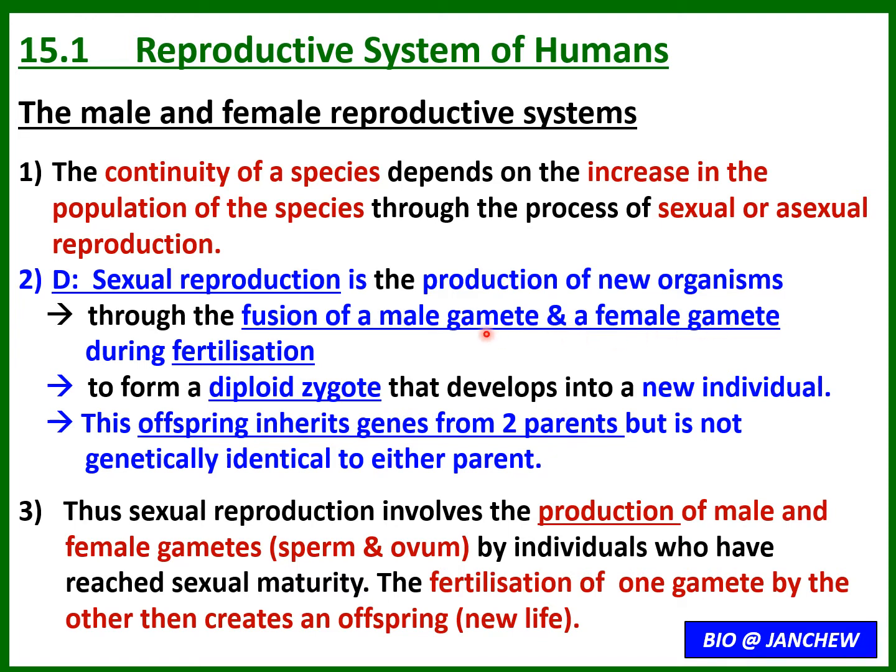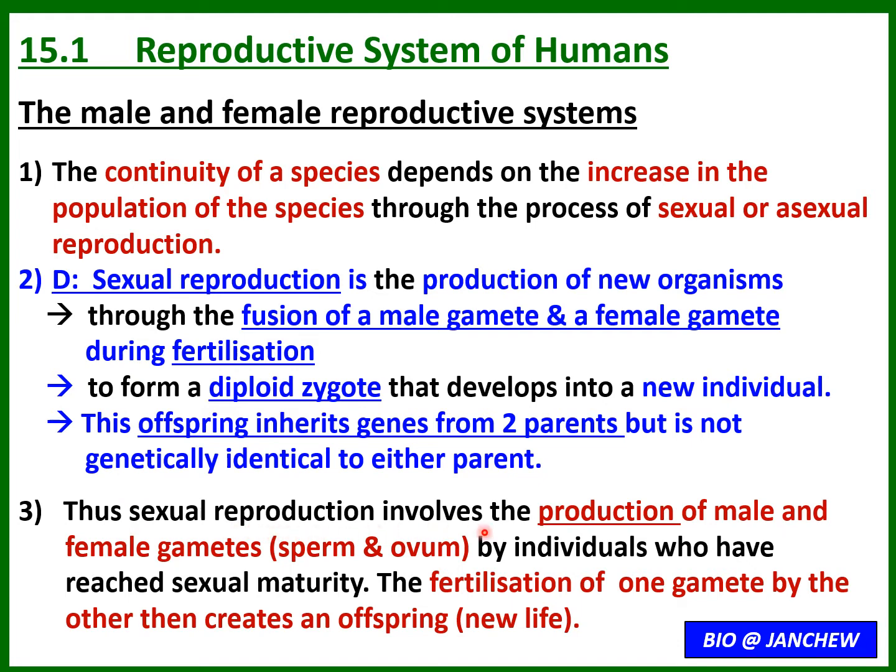The nucleus of the male gamete will fuse with the nucleus of the female gamete during a process called fertilization, and the product will be a diploid zygote that then develops into a new individual, and that is the offspring. So this offspring inherits the genes from two parents through the gametes, but it is not genetically identical like either parent, not 100% genetically identical to the father or the mother.